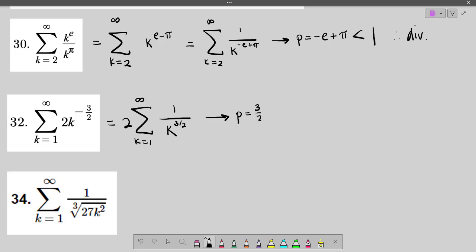If you write down the letter p and say p equals 3 halves, I know you have acknowledged it's a p-series. And then we have to compare that to 1. Is that greater than 1? And then we have our conclusion: therefore, converges, because it's greater than 1. So that's all you need to do for a p-series. Put it in the p-series form, identify p, compare it to 1, make the conclusion.